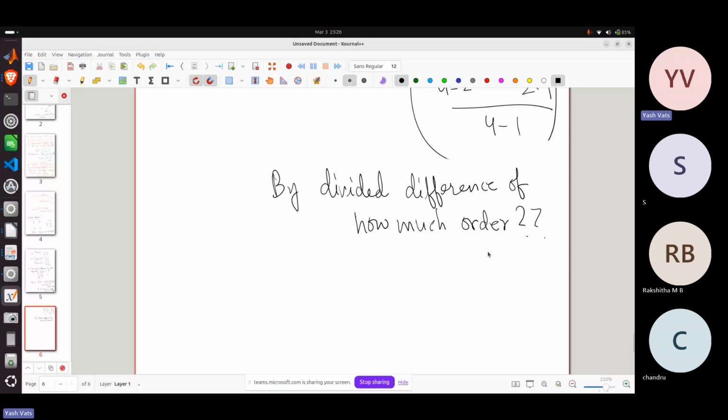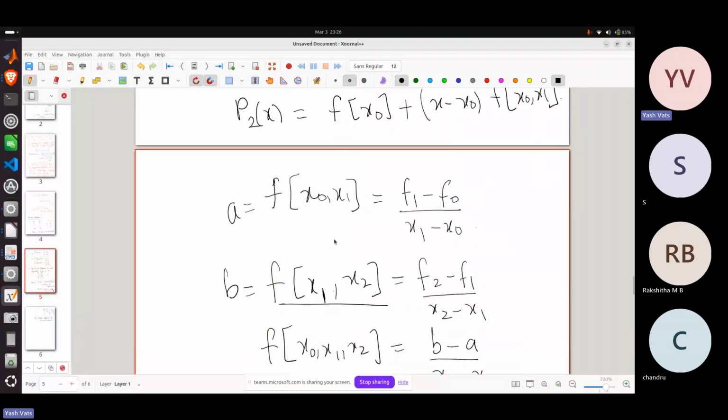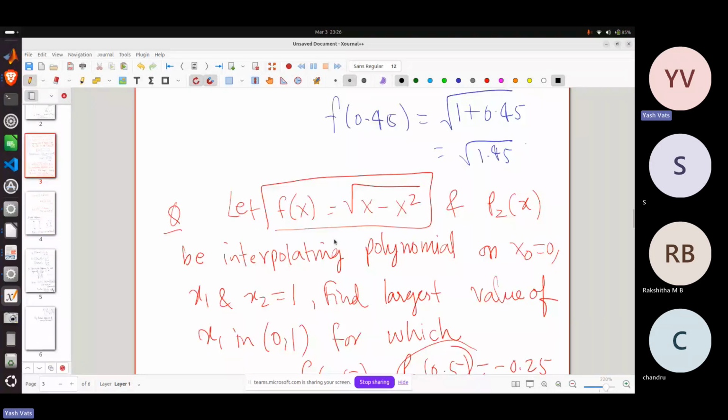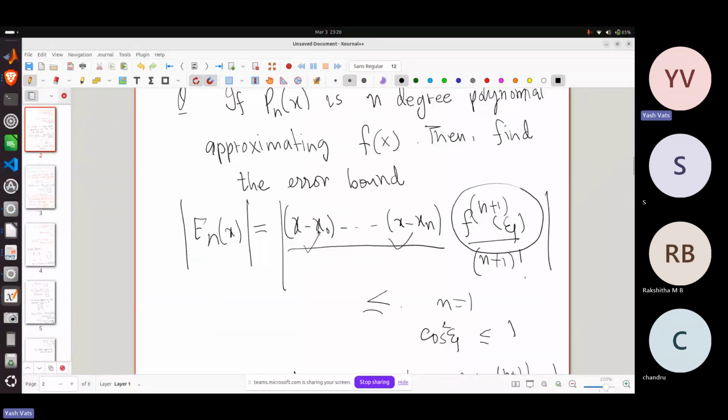What's the order of the error in this case? You have a 2-degree polynomial. If you look behind, the error has only x0 up to xn terms. So here x0, x1, x2.